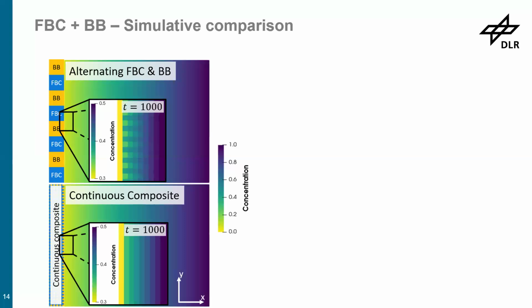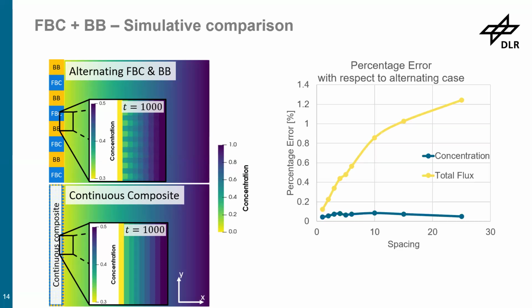And this effect becomes larger and larger, the fewer voxels you actually have to deal with that are reactive. And to show that it is also working for not just 50-50, I introduce more and more bounce back voxels. And then we can see how much the concentration field deviates, and also how much the flux in total is deviating from the alternating benchmark.